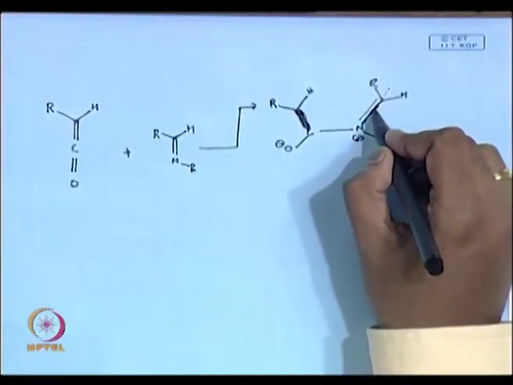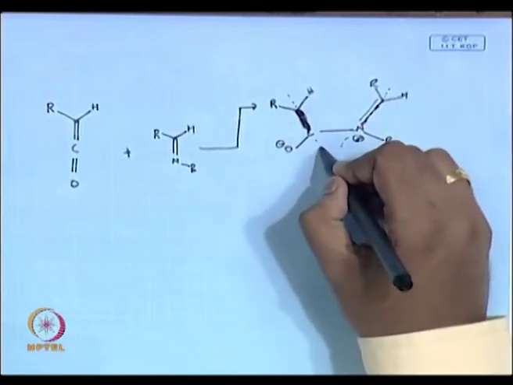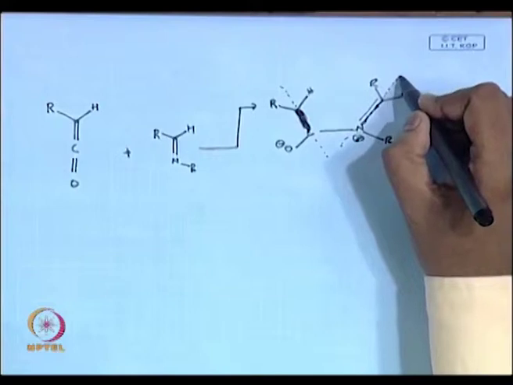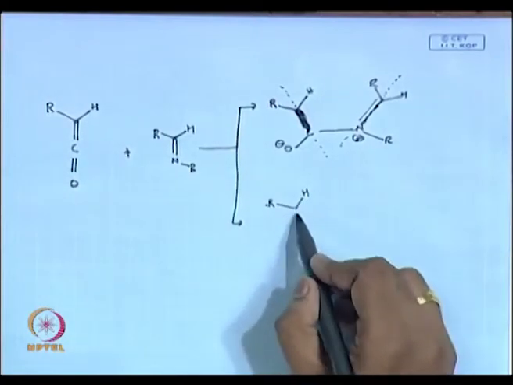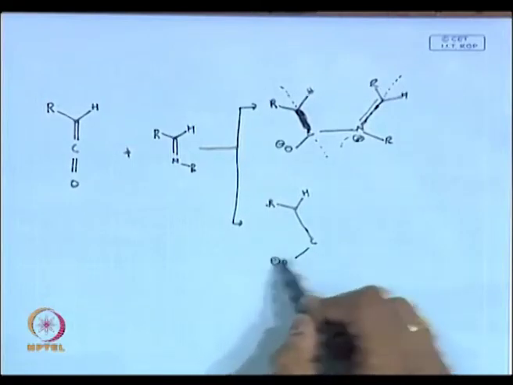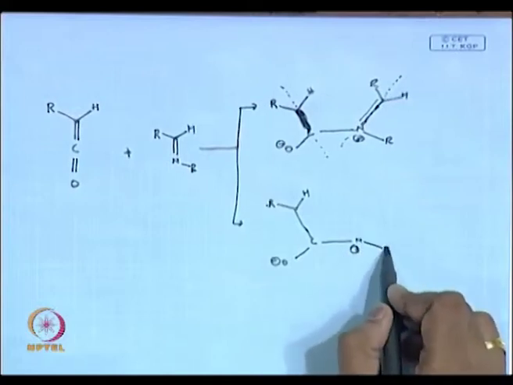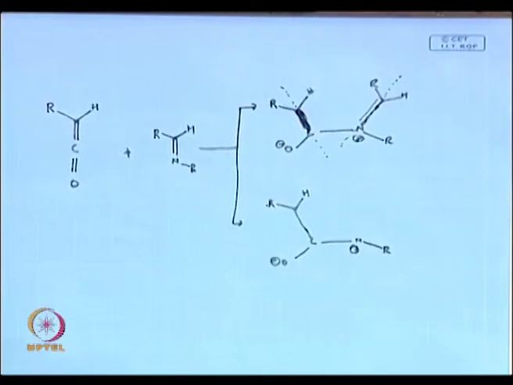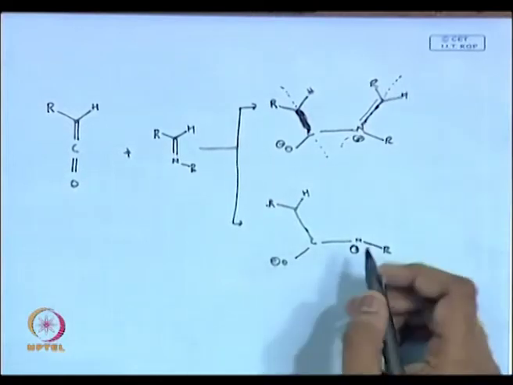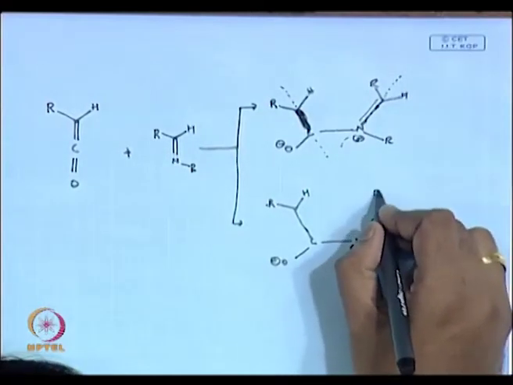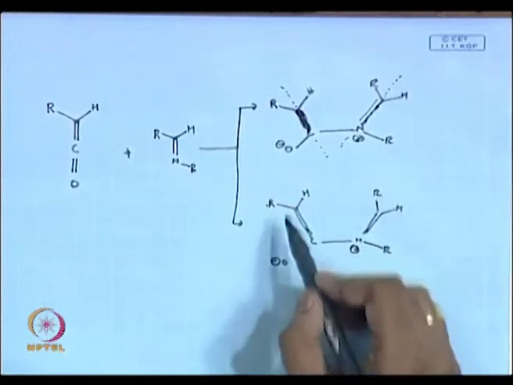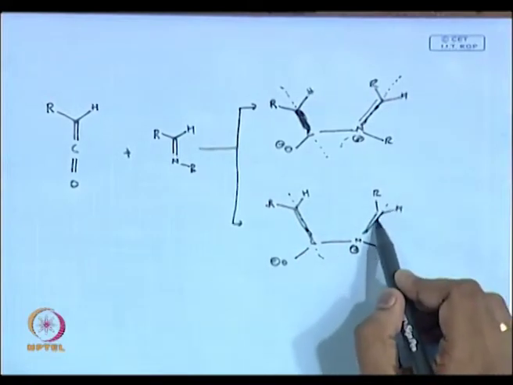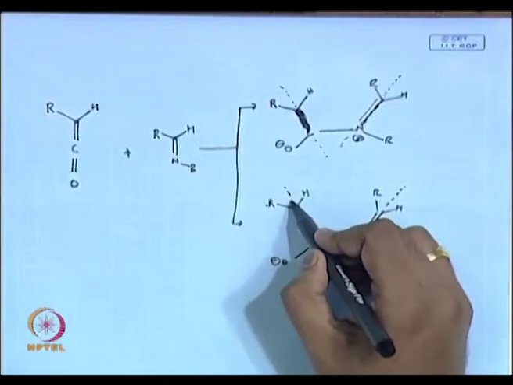So if I put an axis across this, and in the same way, I can write one more way of writing it: it forms R, H, CO minus, N plus, R. Then I will have my system with a double bond, R hydrogen, just for our thinking R. Now I can have my axis here, like your cyclobutadiene.